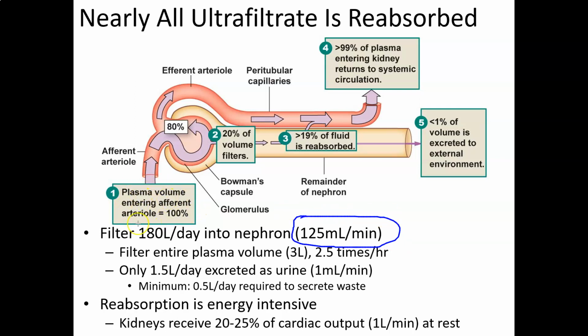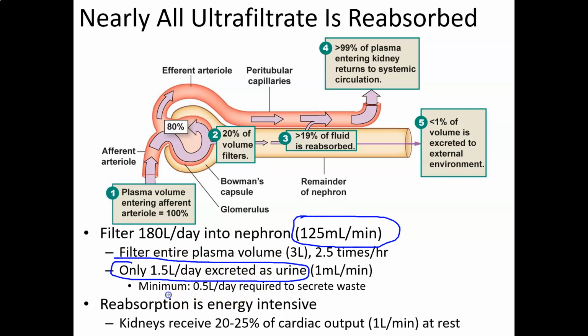Since the plasma volume of the body is about 3 liters, the kidney filters the equivalent of the plasma volume about 2 or 3 times an hour, which means that we turn over our blood volume pretty quickly over the entire day. A typical urine excretion rate is about 1.5 liters of fluid a day.